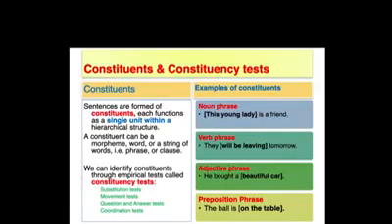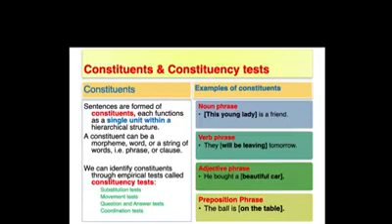Adjective phrase, for example, in "he bought a beautiful car": "beautiful car" is another constituent. It constitutes a string of words made up of an adjective and a noun, or an NP. Then preposition phrase, as in the example "the ball is on the table".